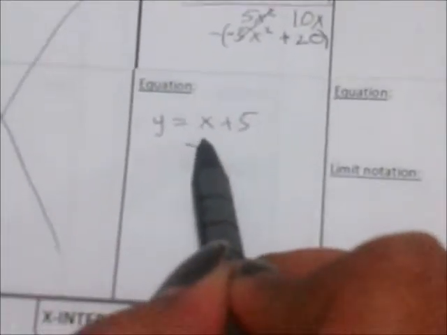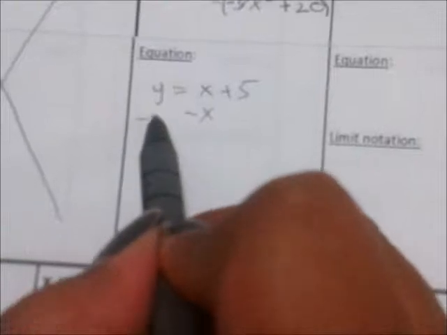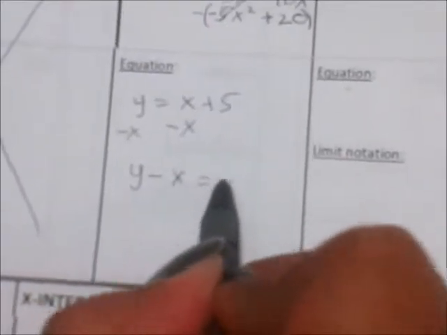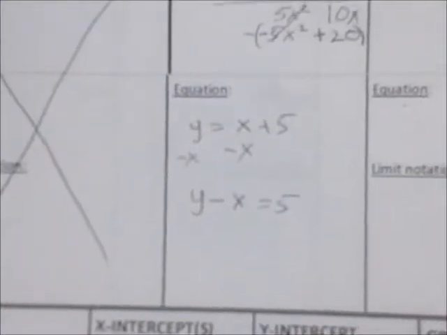What we'll have to do with the equation is subtract the x from both sides, so you'll end up with y minus x equals 5. This will be our equation because, as you see, if we cover the y, it'll be negative x equals 5.